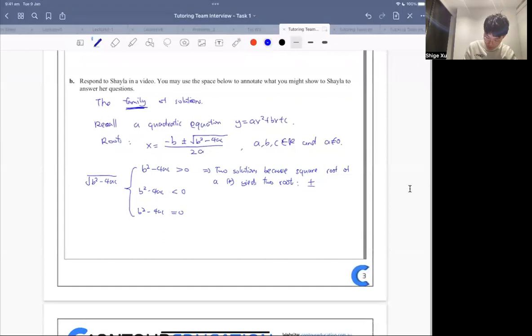Now, what if it's negative? We all know that we can't take the square root of a negative number. It will give you a complex number, which is not a real root. So if it's negative, no solutions, because the square root of a negative number has no real roots.